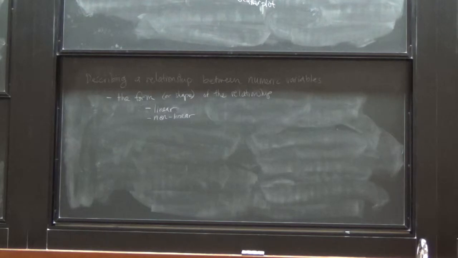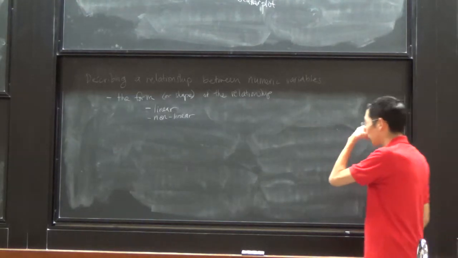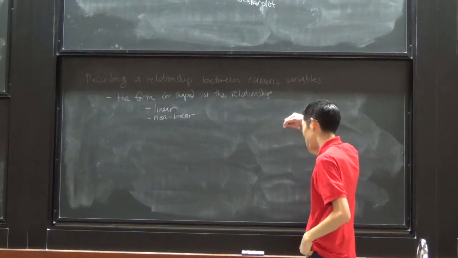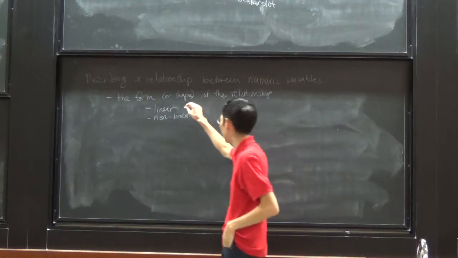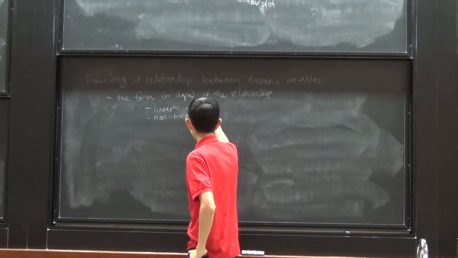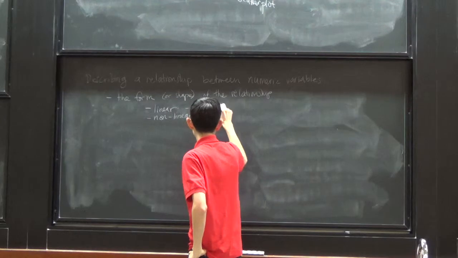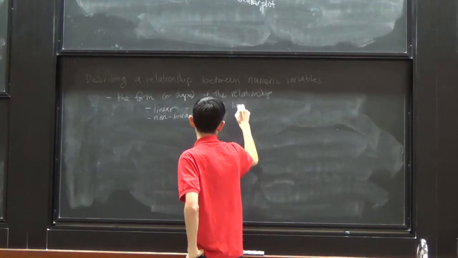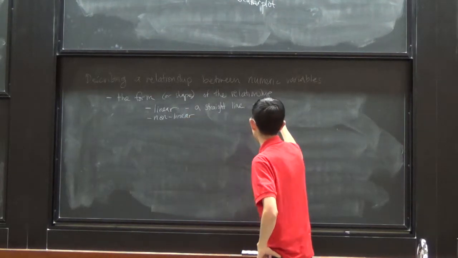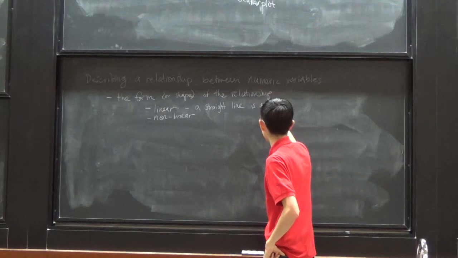I guess if you learn more regression, you could have more details on that. But linear just means a straight line is a suitable approximation.